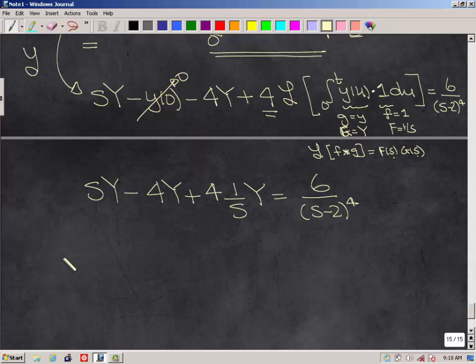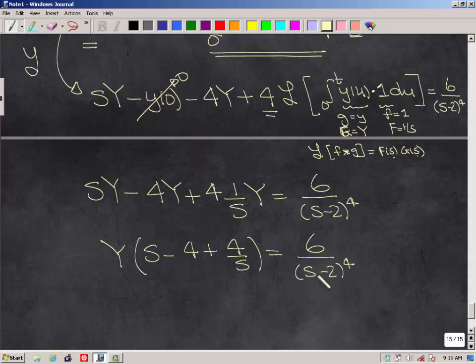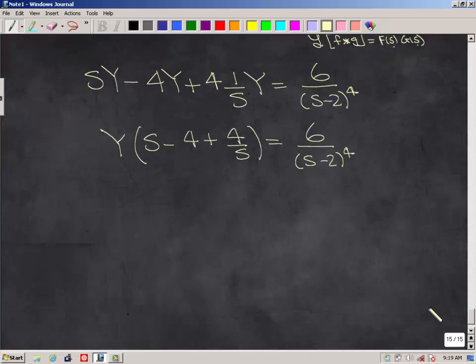Okay, so let's go ahead and pull all of them out. So we get s minus 4 plus 4 over s is equal to 6 over s minus 2 to the fourth. Okay, now we just need to find the inverse.